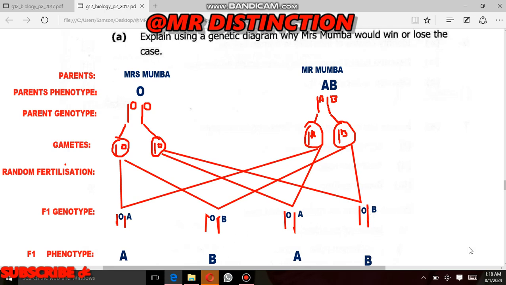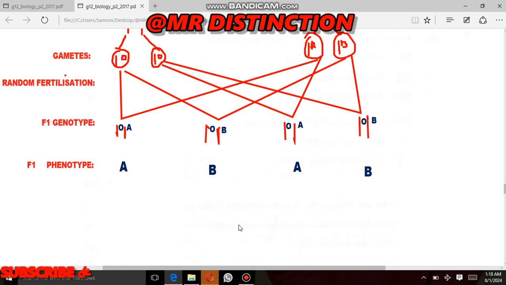So as we can see, we do not have any child who has blood group O. So Mrs. Mumba won the case, because you have only children who have blood group A, B, A, B. Okay, so that was the answer for the first question.